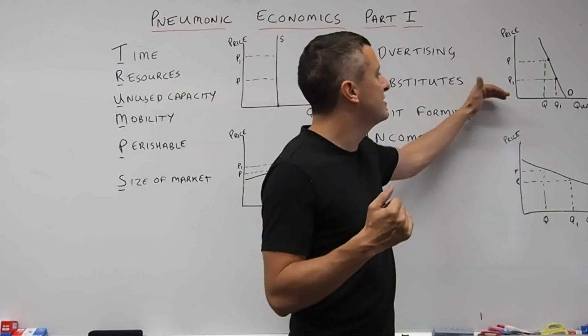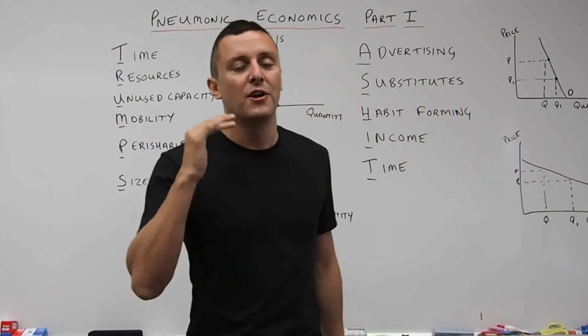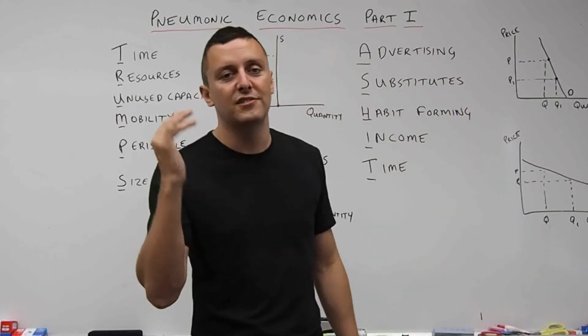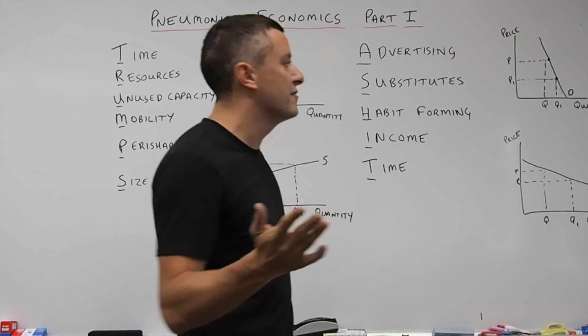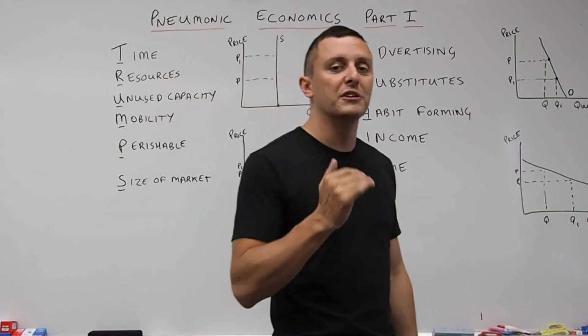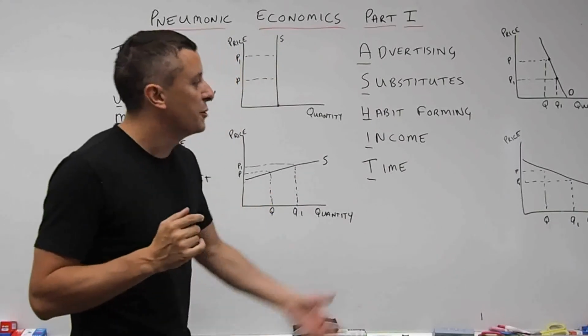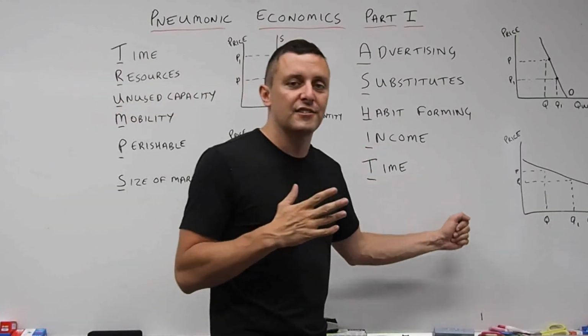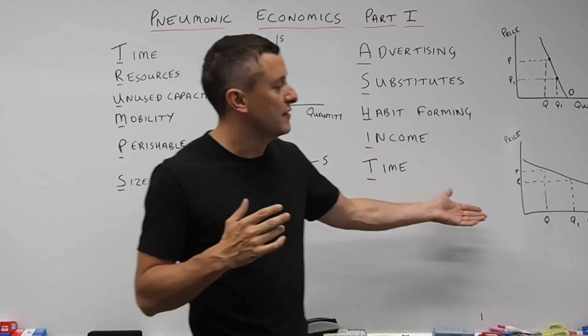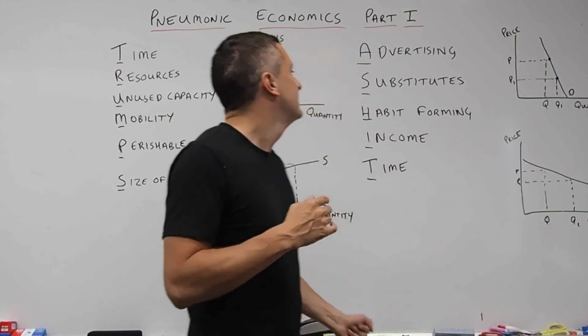So if you increase the price, if you increase the tax on tobacco by 50%, 60%, whatever, people are still going to smoke. Okay, and equally, if the good is not addictive, then it's very elastic.